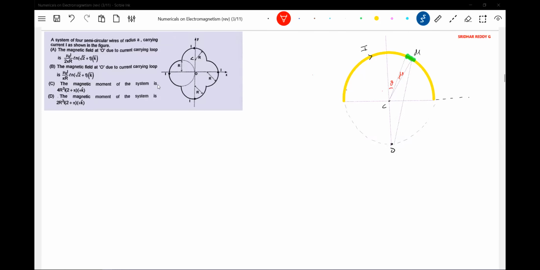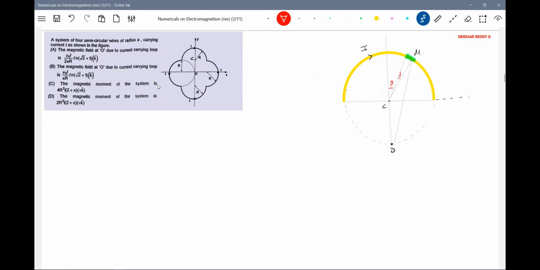Can you view the screen? Yes, sir. Okay, we'll continue. This is the theta. So now, if this is theta, this angle should be theta by 2.